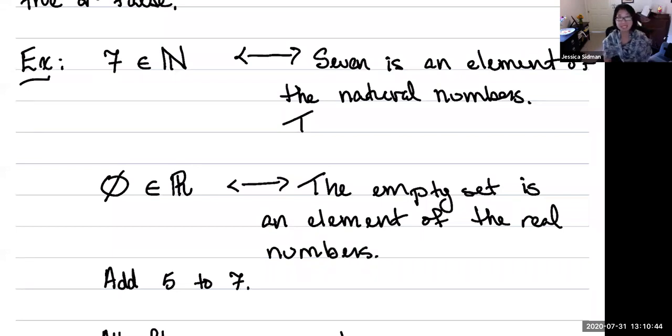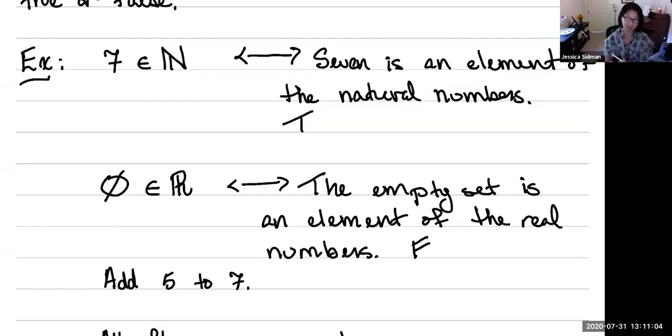Now, the empty set is a subset of the real numbers because you can always take the set of real numbers where you just don't take any numbers, right? And that's the empty set, but it's not an element of the real numbers. So this is another statement, and this statement is false.